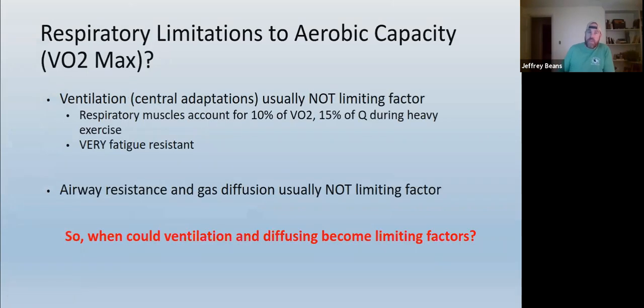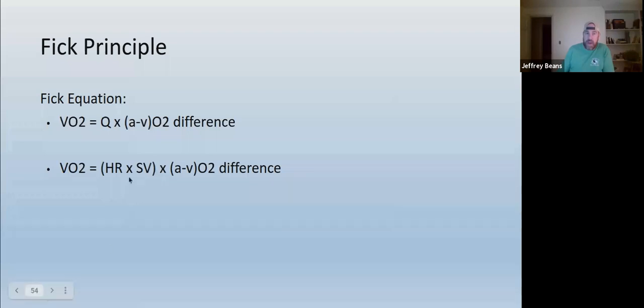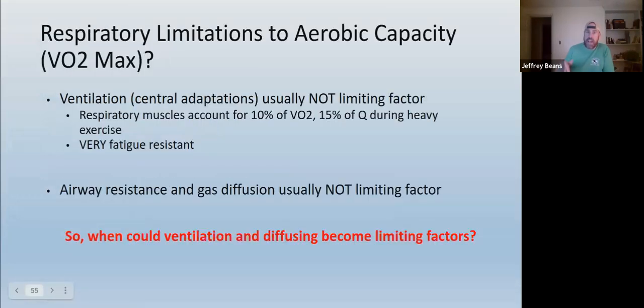So what are the respiratory limitations to aerobic capacity, or VO2 max? Well, the reality is that the ventilations themselves, the actual delivery of the oxygen, is really not the problem, because the respiratory muscles are only about 10% of your VO2.